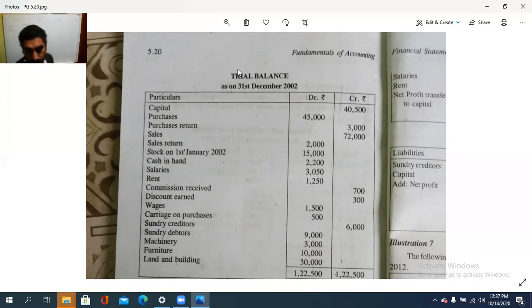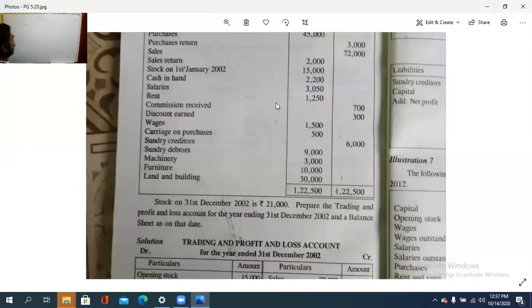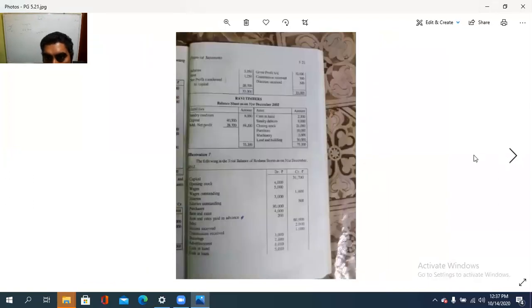Net profit transferred to capital, 28,700, isn't it? 28,700. There is no drawings also, isn't it? So add the net profit 28,700. So it is 69,200 is the capital amount.